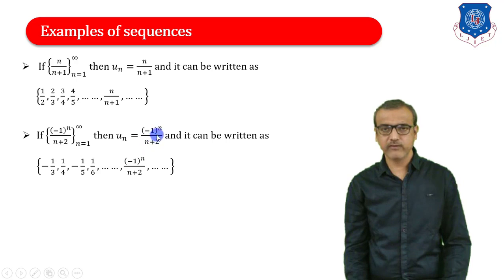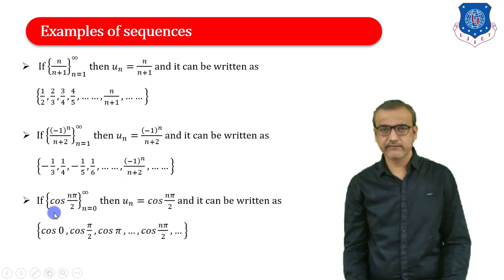If you replace n by 1 in Un, you get (-1)^1 over 1 plus 2, that is minus 1 by 3. Then 1 by 4 is the term for n equals 2, minus 1 by 5 for n equals 3, 1 upon 6 for n equals 4 and so on, and this is the nth term.